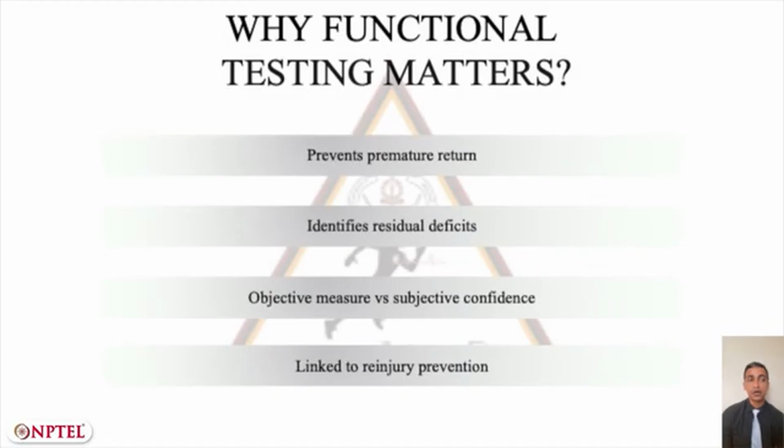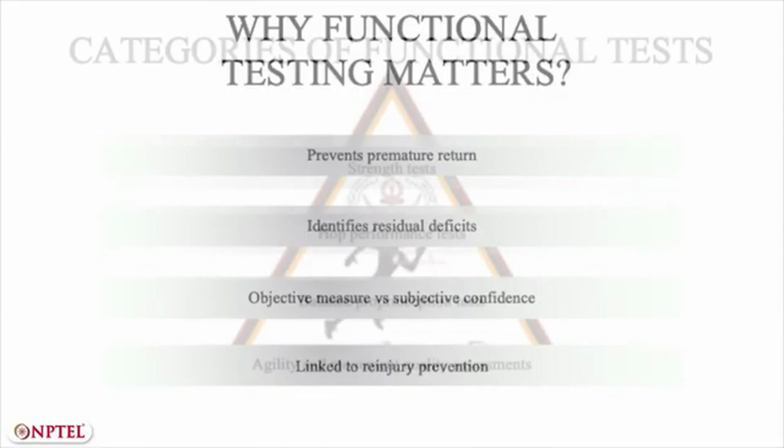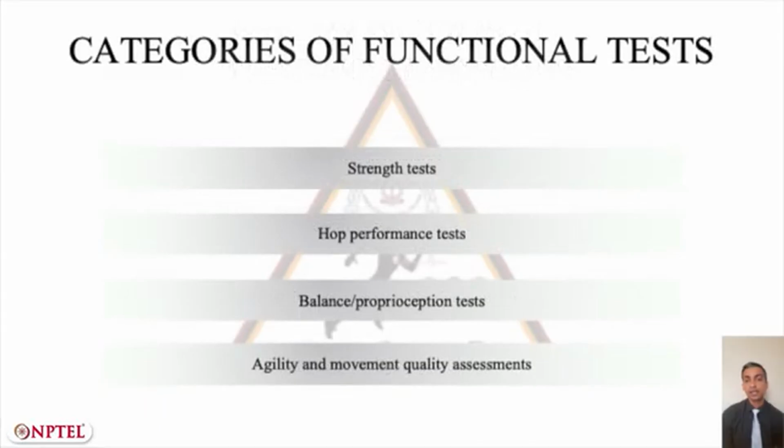These tests also help reassure the clinician about the safety of the athlete and the athlete's readiness to perform at the highest level. Functional tests replicate the movement of an athlete on the field. Functional testing is divided into several categories.